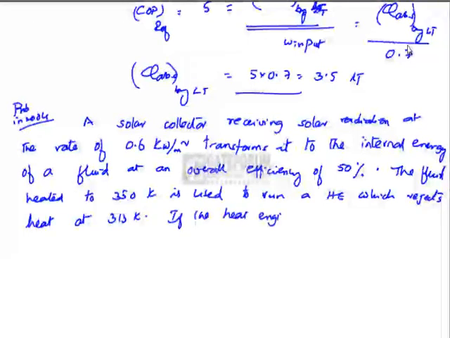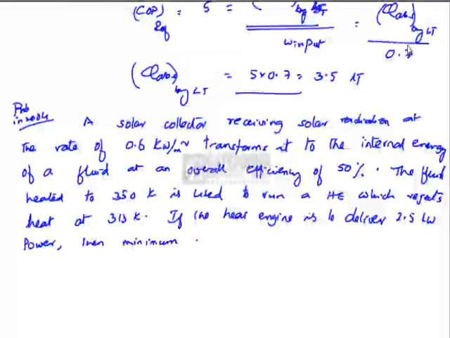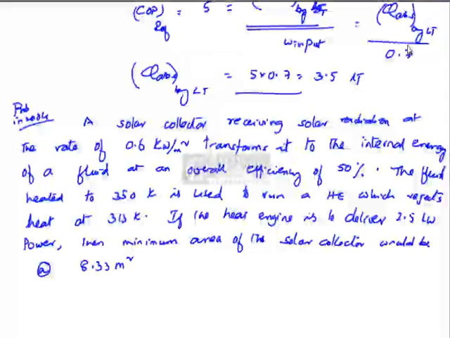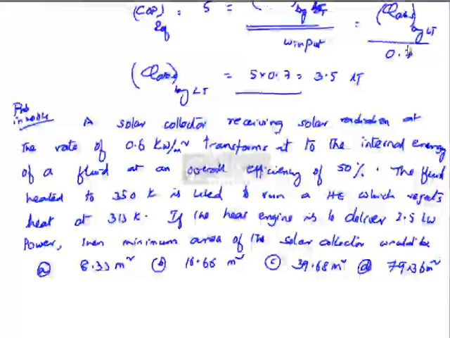If the heat engine is to deliver 2.5 kilowatts power, then the minimum area of the solar collector would be: A, 8.33 meter square; B, 16.66 meter square; C, 39.68 meter square; D, 79.36 meter square.